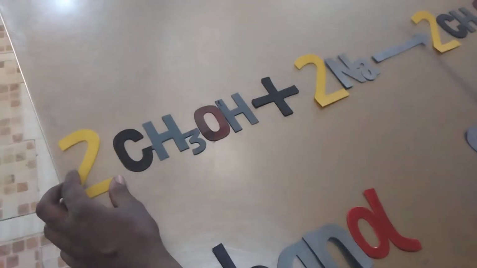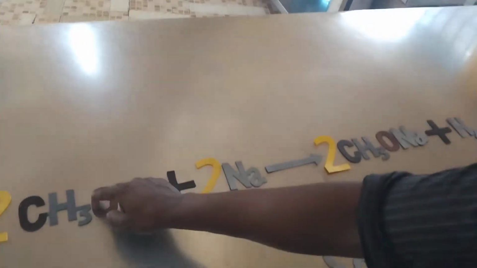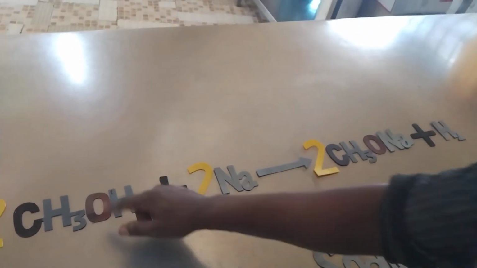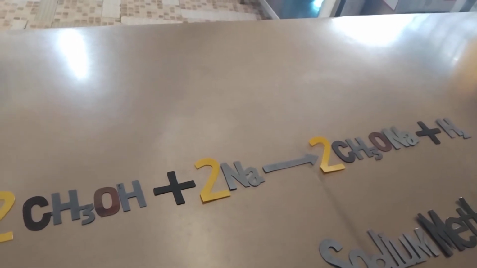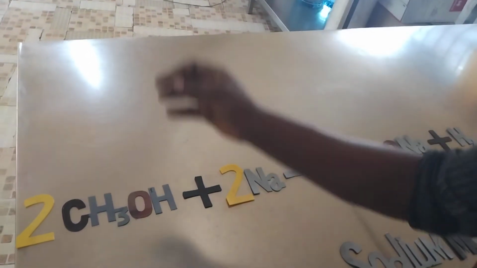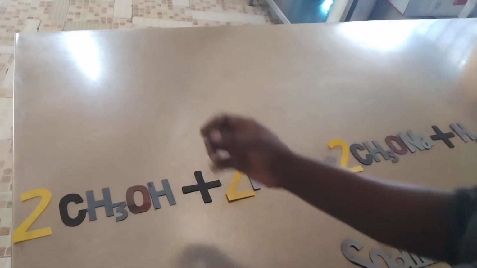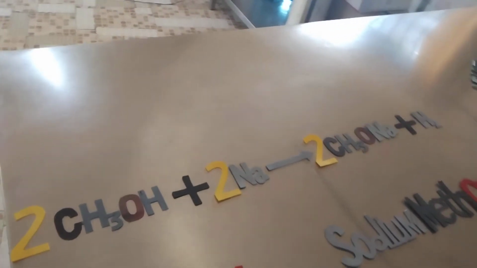Now let us look at an example here. You realize that all alkanols or alcohols have this OH group here, all of them. This group is called the functional group.